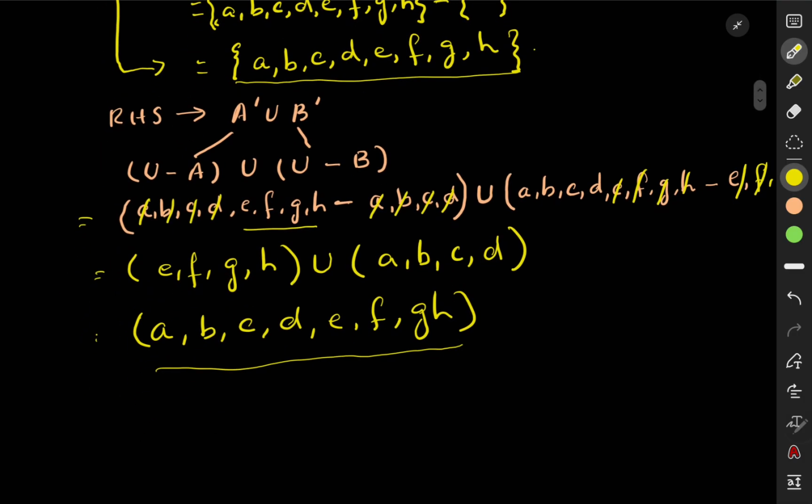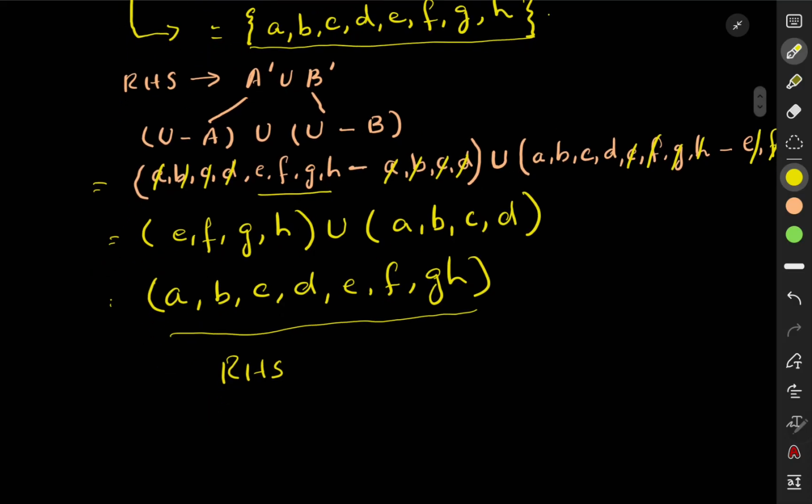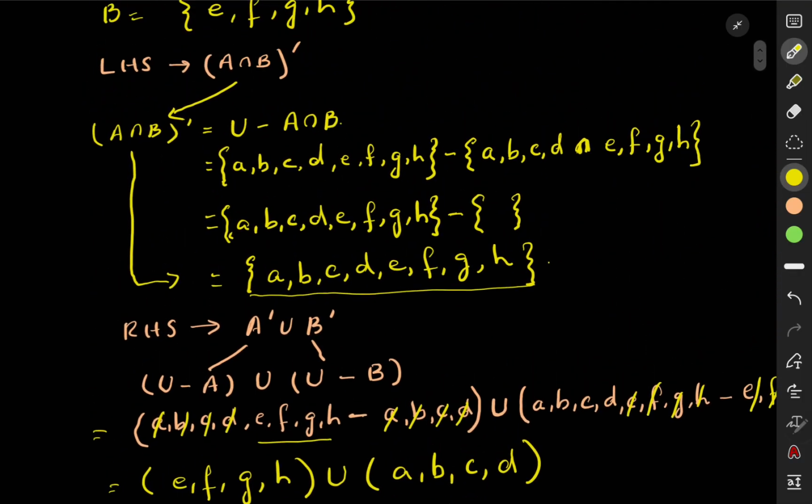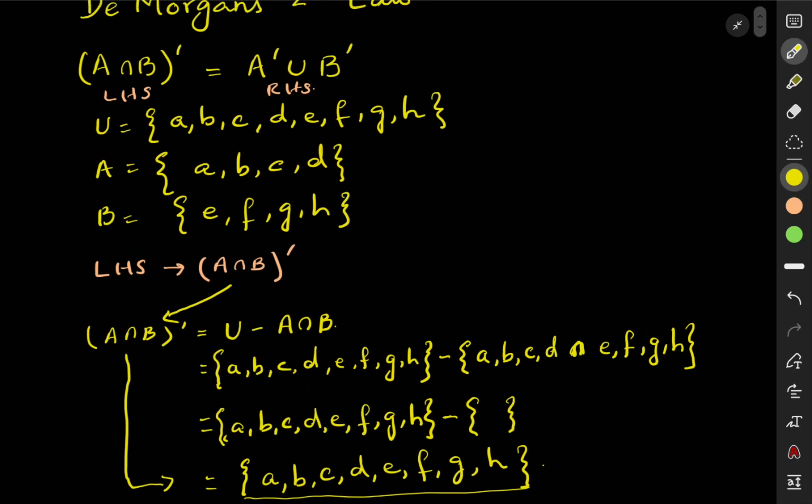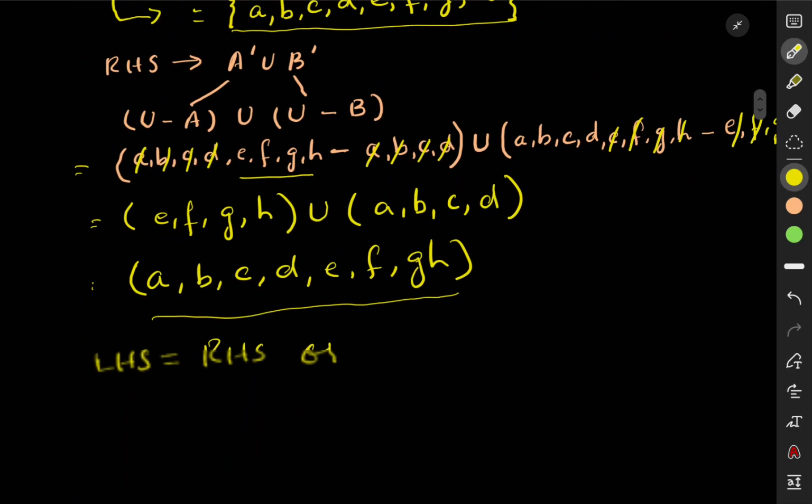So we can say that left hand side is equal to right hand side, or it is verified that the second law, which is A intersection B whole complement, is equal to A complement union B complement.